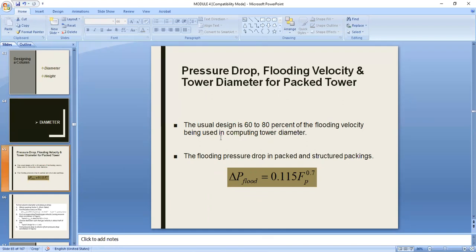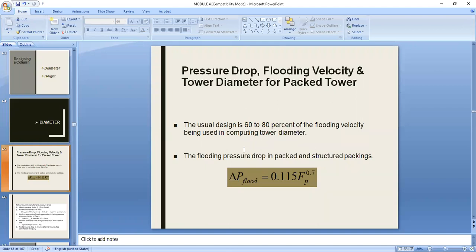The usual design is 60 to 80% of the flooding velocity. In this class, in the range of 60 to 80%, we're using the least value in the range, which is 60%. If you can recall, we determine the flooding velocity and we multiply it by 60%.